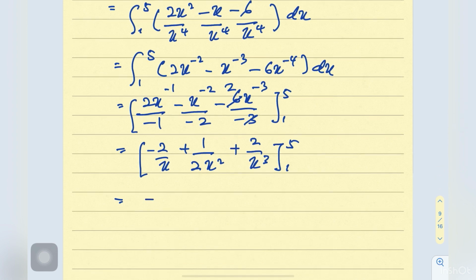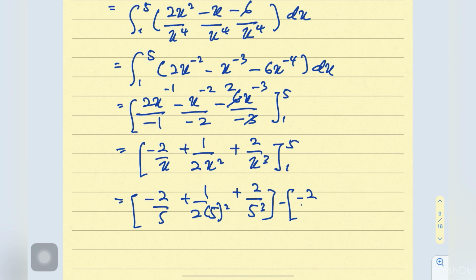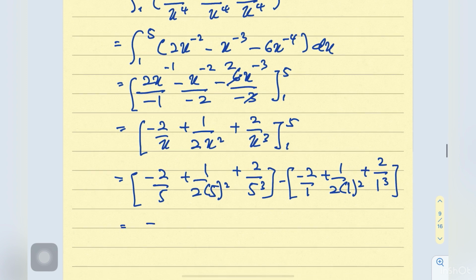So which is negative 2 over 5 plus 1 over 2 times 5 squared plus 2 over 5 cubed, minus negative 2 over 1 plus 1 over 2 times 1 squared plus 2 over 1 cubed. So then the final answer is negative 108 over 125.